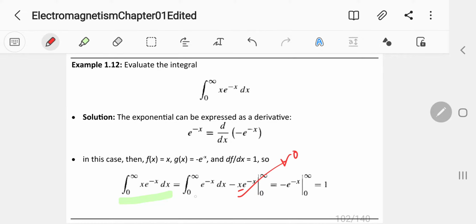And then here you will just have the integral of this, which is negative e to the negative x evaluated from 0 to infinity, and then you will just have 1. So that's how you do integration by parts.